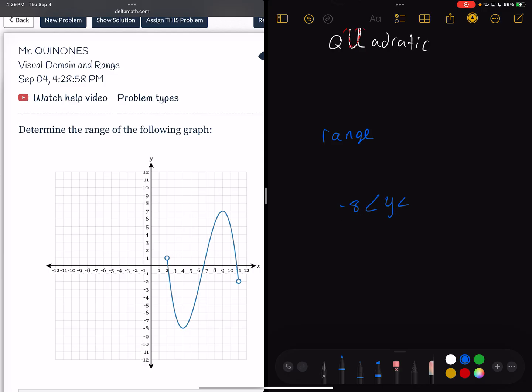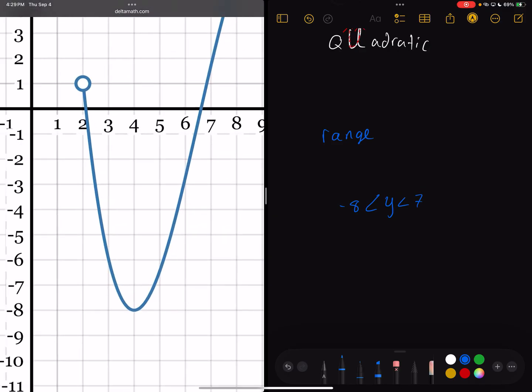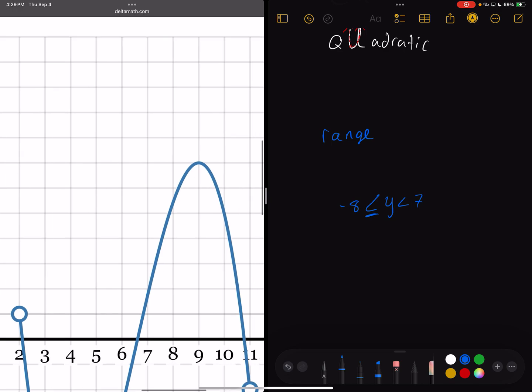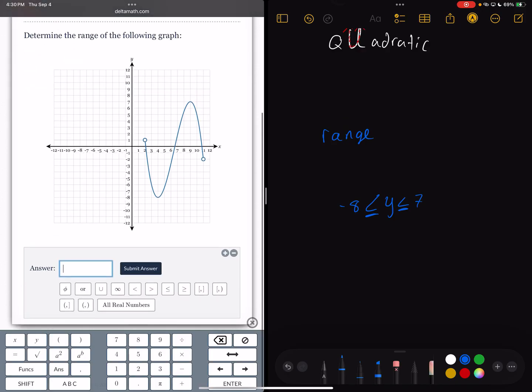And the highest y value here is 7. Do I approach these values? Well, look, I actually cross into that -8 value, so it's part of my solution. And same thing with this 7 here. I actually approach it so I can equal that value. So let's just put it in. Let's see if I'm even right. -8 less than or equal to y less than or equal to 7.